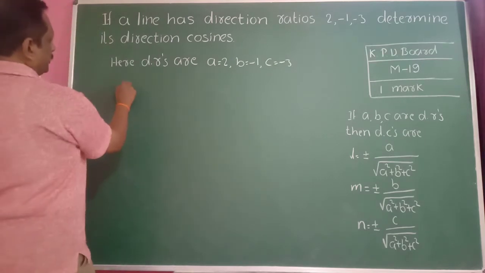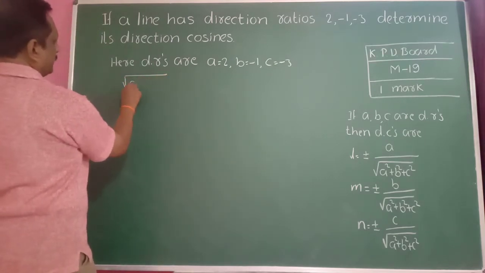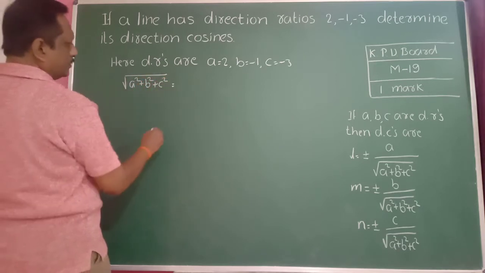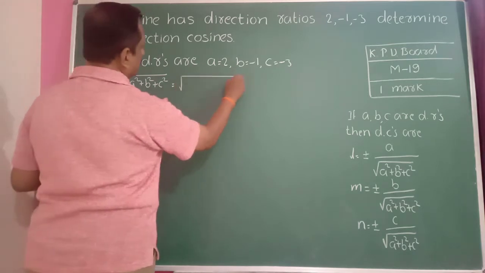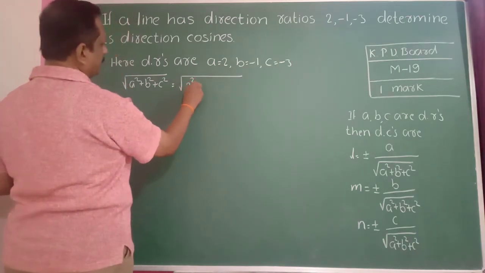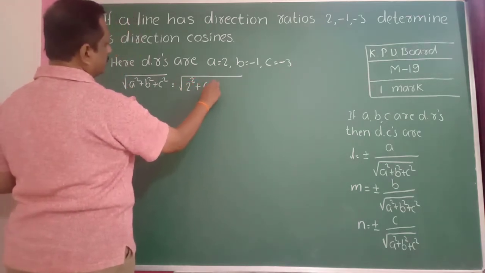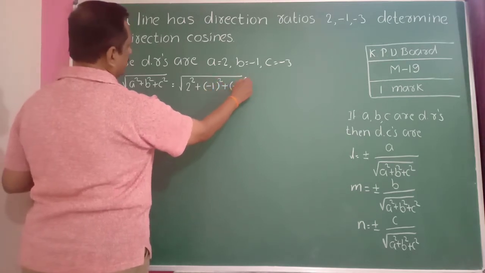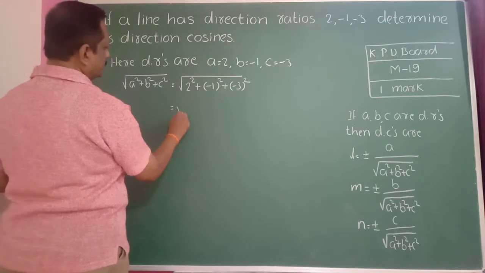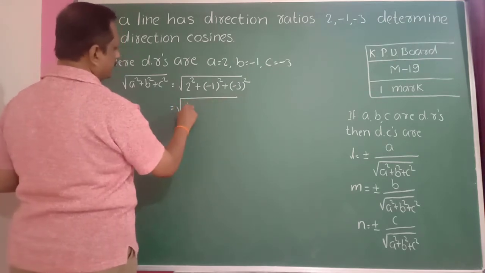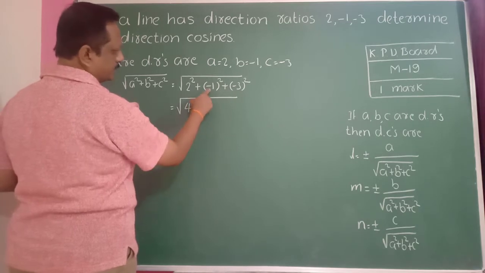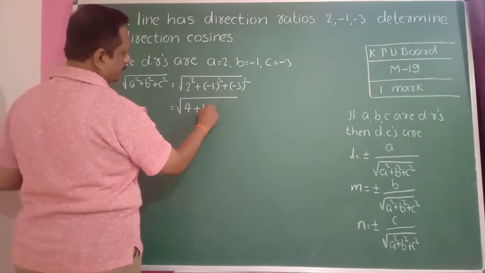Okay, therefore root of a square plus b square plus c square is equal to root of 2 square plus minus 1 square plus minus 3 square, that is equal to root of 4 plus 1 plus 9. 2 square is 4, minus 1 square is plus 1, 3 square is 9.